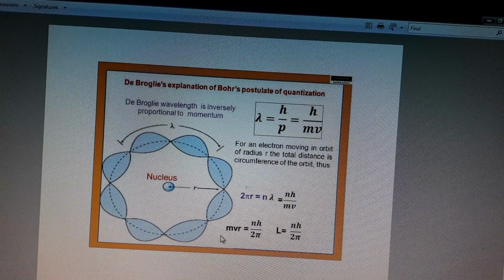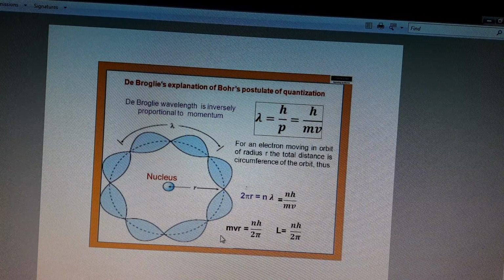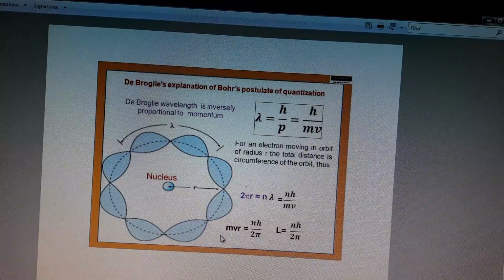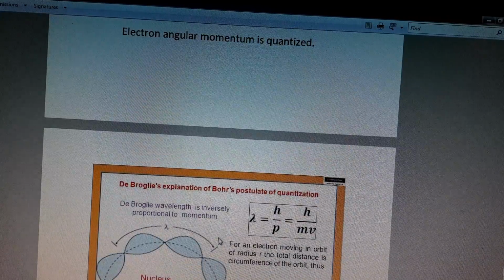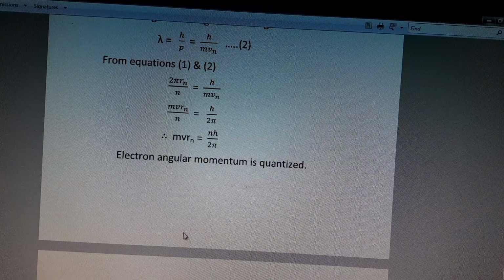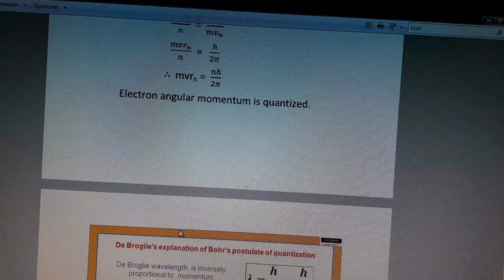So in this chapter we have to learn about the atomic models. What are the atomic models? The first one is the J.J. Thomson atomic model, the second is the Rutherford atomic model, and the third is Bohr's atomic model. In Bohr's atomic model we learn about the postulates of Bohr's theory.